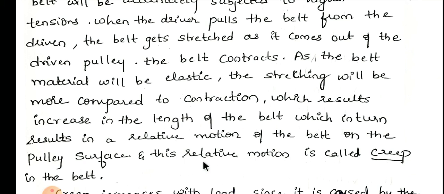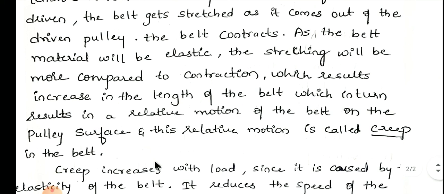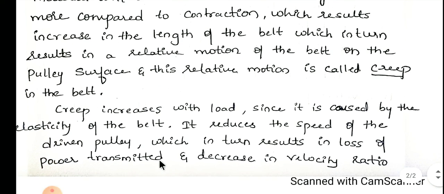This relative motion on the pulley surface is called creep in the belt, and this creep usually increases with the load. Since it is caused by the elasticity of the belt, it is going to reduce the speed of the driven pulley, and as a result there will be a loss in the power transmitted.